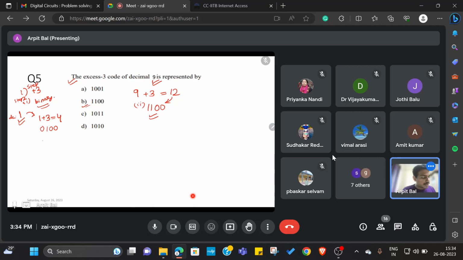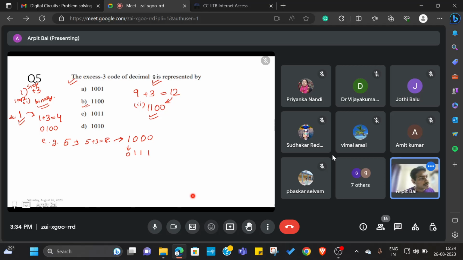Let me give an example here. Let's say I have a number 5. What will be the XS3 code of this one? 5 plus 3 is equal to 8, and 8's binary is 1 0 0 0. Now if I take the ones complement of this number, that will be only inverting the bits: 0 1 1 1.